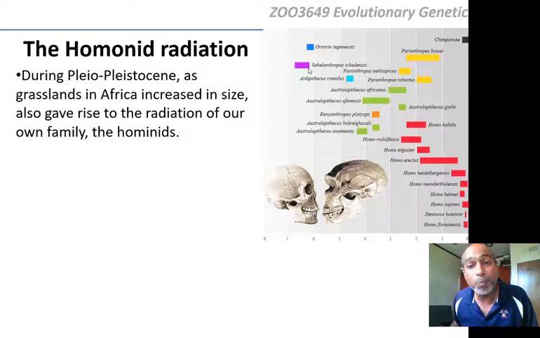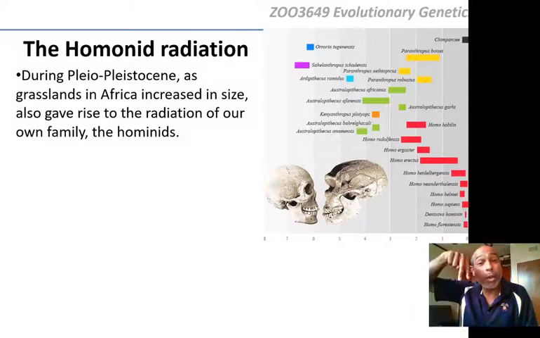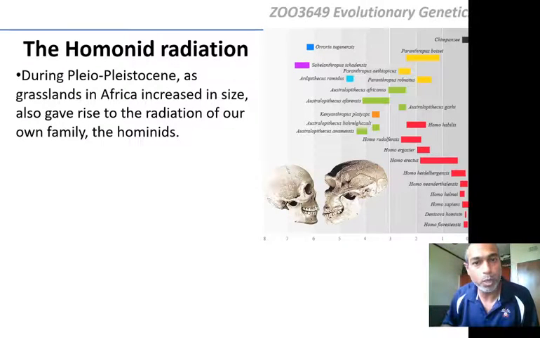But Sahelanthropus, or Toumai, because the skeleton was a boy that was found, and Orrorin, as well as Ardipithecus ramidus, all of them had very small brains. Not like us. We have huge brains. Those still had chimp-sized brains. But they were walking on twos, perfectly like you and me do. Imagine that.